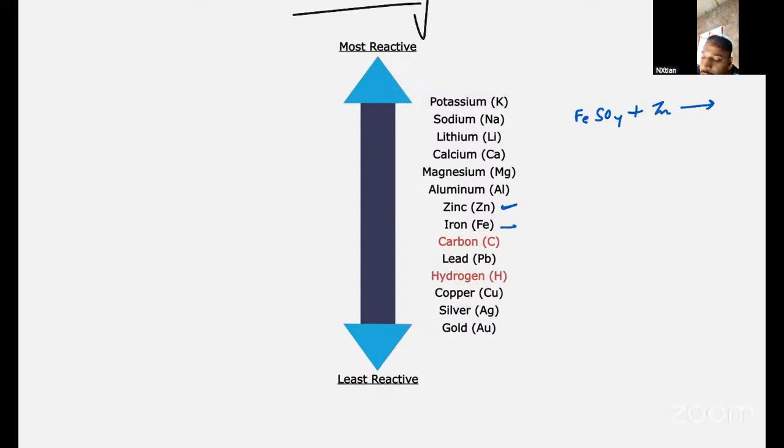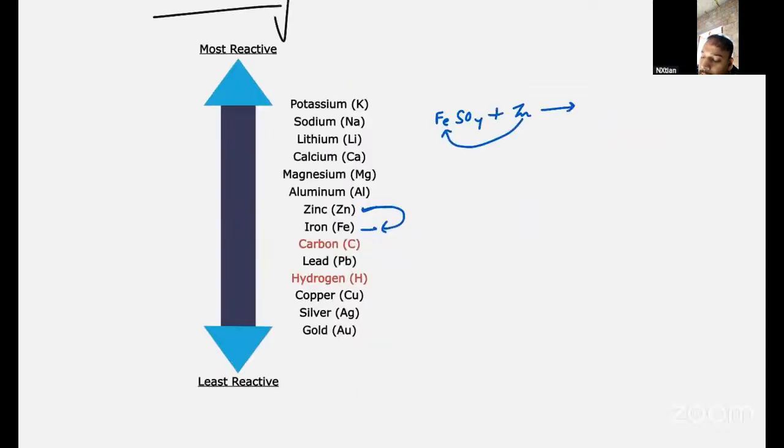Because it is more reactive, zinc can displace Fe from its compound, making ZnSO4 plus Fe. But if I write ZnSO4 plus Fe, Fe is less reactive, so there will be no reaction.